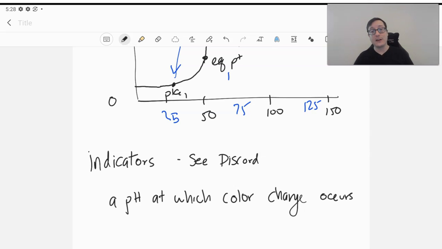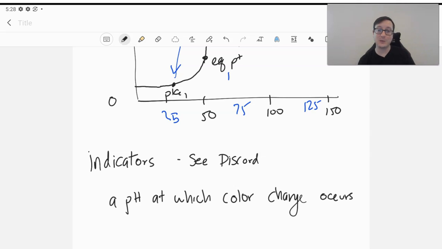It's clear in acidic solution, but as soon as we hit around pH 8 or so, it turns bright pink. It's an incredibly obvious color change. And since we know strong acid and strong base, as soon as we hit pH 8, we're already just past our equivalence point. So that's a very useful indicator there.